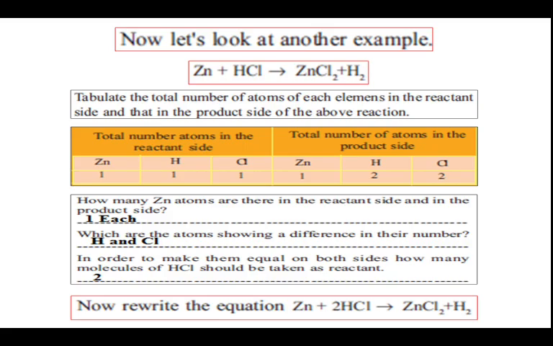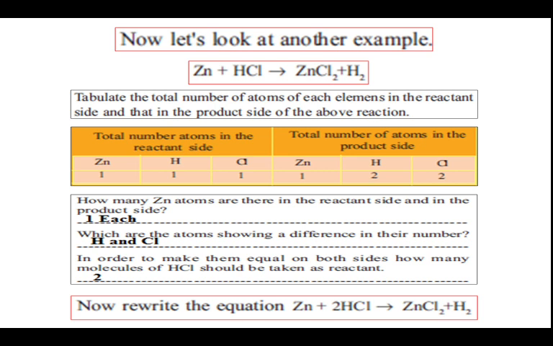Now, let's look at another example. Zn plus HCl giving ZnCl2 plus H2. Look at this table. How many zinc atoms are there in the reactant side and in the product side? It is 1. Which atoms show a difference in number?